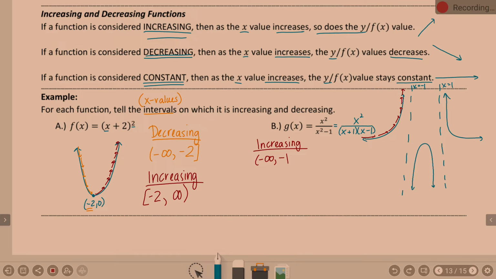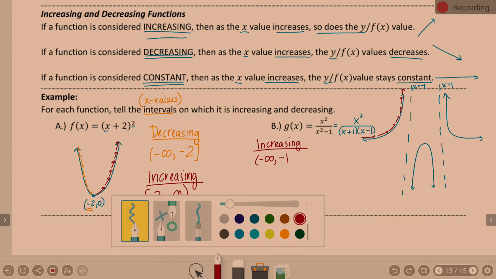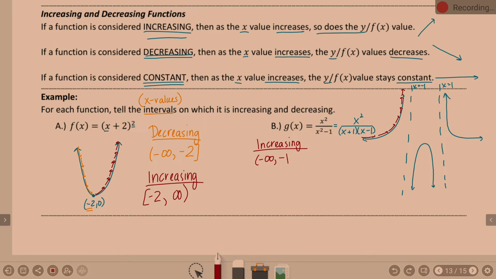So here we were increasing, starting at -infinity, up until the x value of -1. Am I going to touch -1? No, because it is a vertical asymptote. Okay, so that's one increasing section. Now, we continue to the right. So as we continue to the right, we're going to hop over the asymptote.